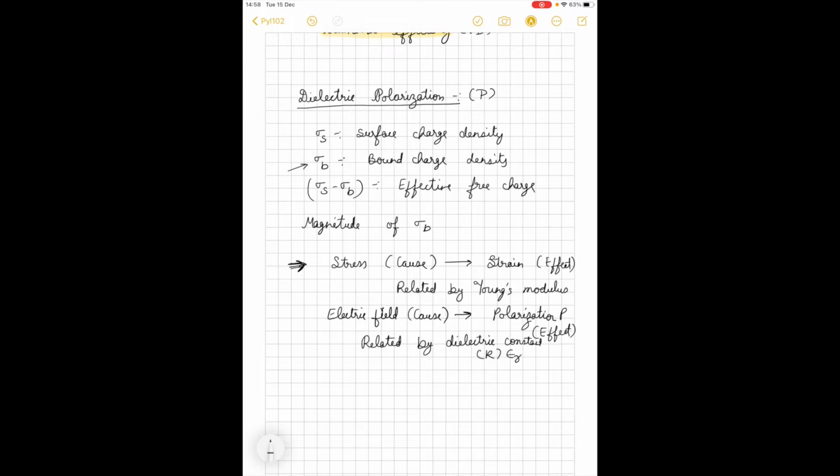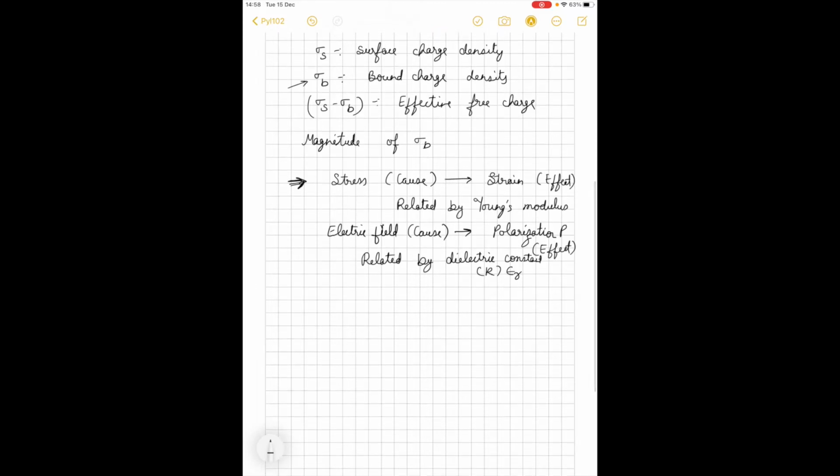Now, I'm giving you another definition, as I said. One was the magnitude of sigma b. The other definition is, for example, let's say we have n number of small dipoles, which have two charges.